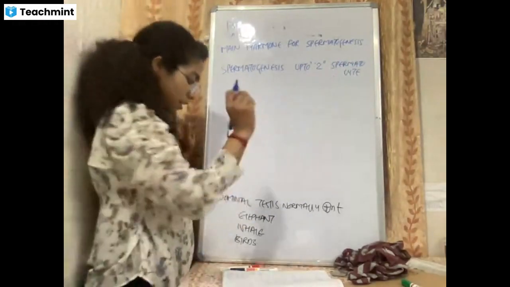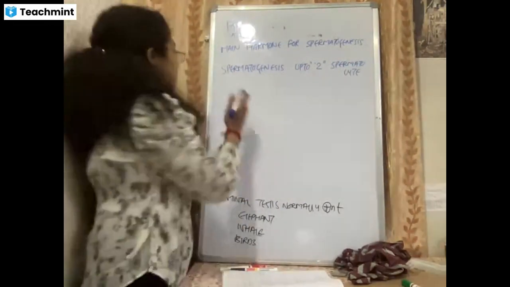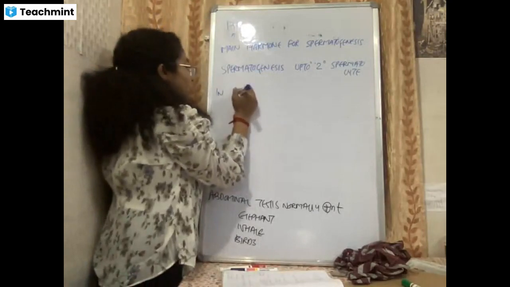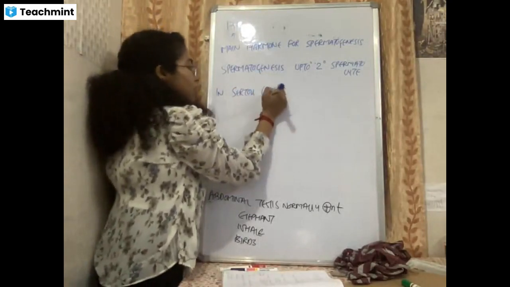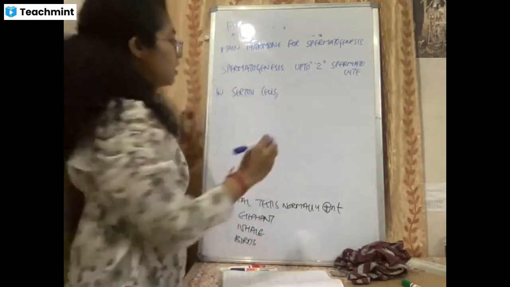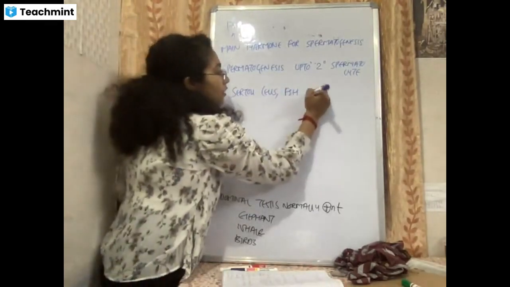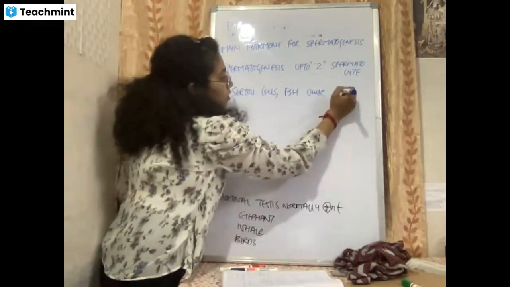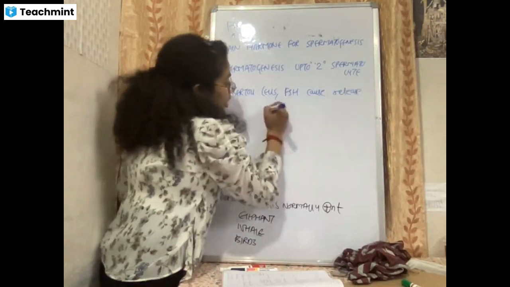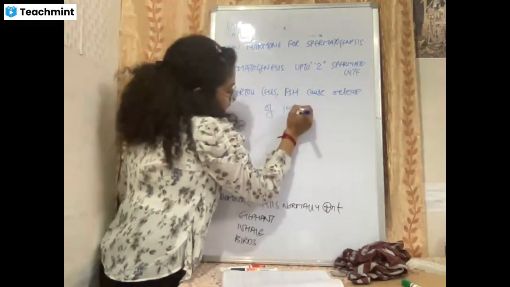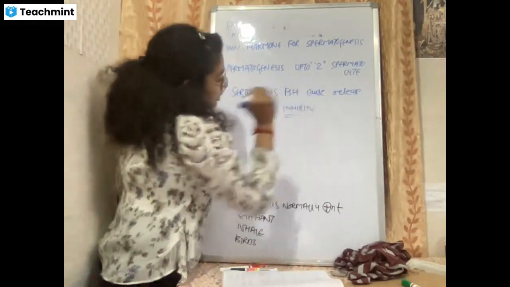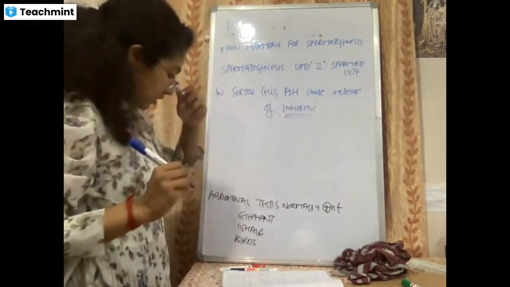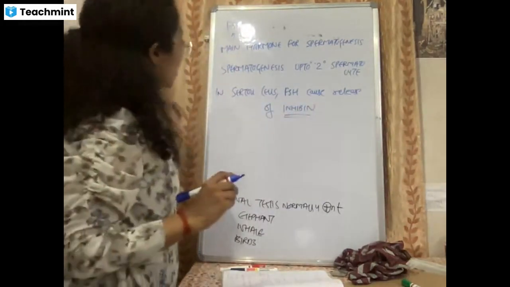And in Sertoli cells, FSH causes release of inhibin.